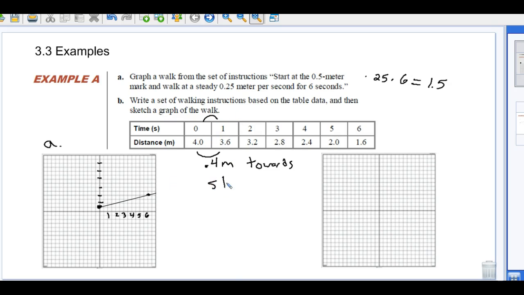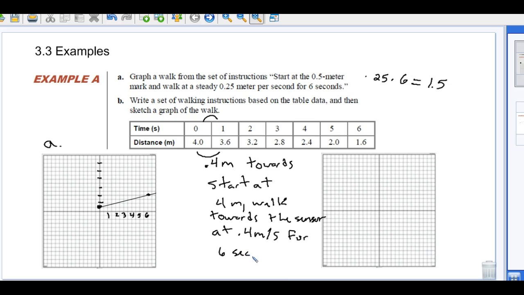We want to say: start at 4 meters and walk towards the sensor at 0.4 meters per second for 6 seconds.